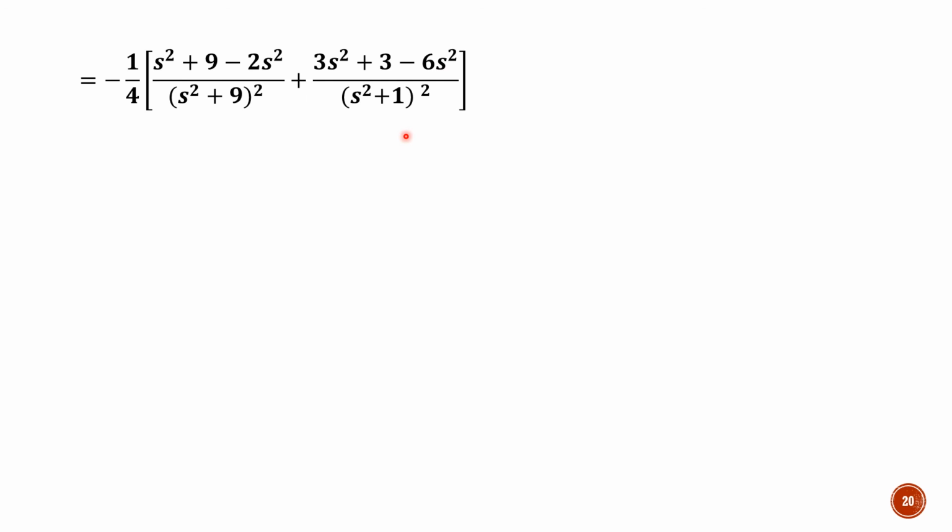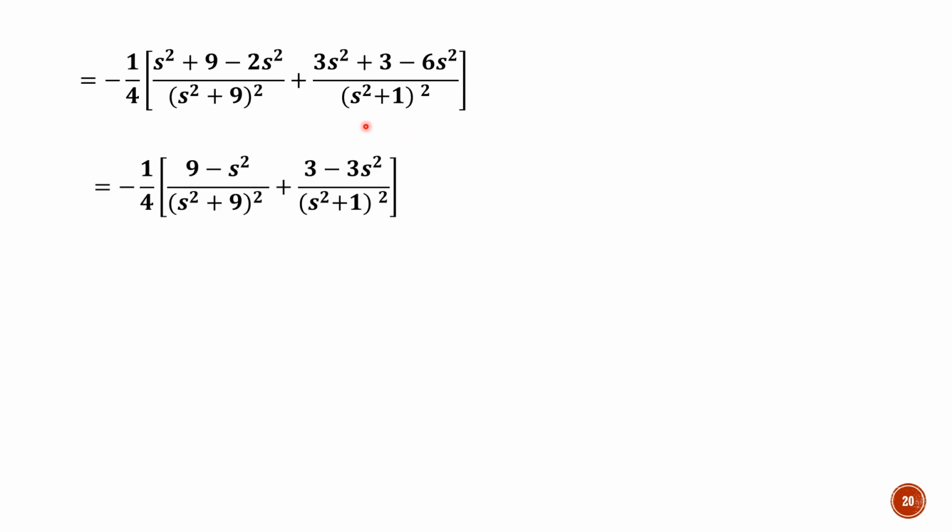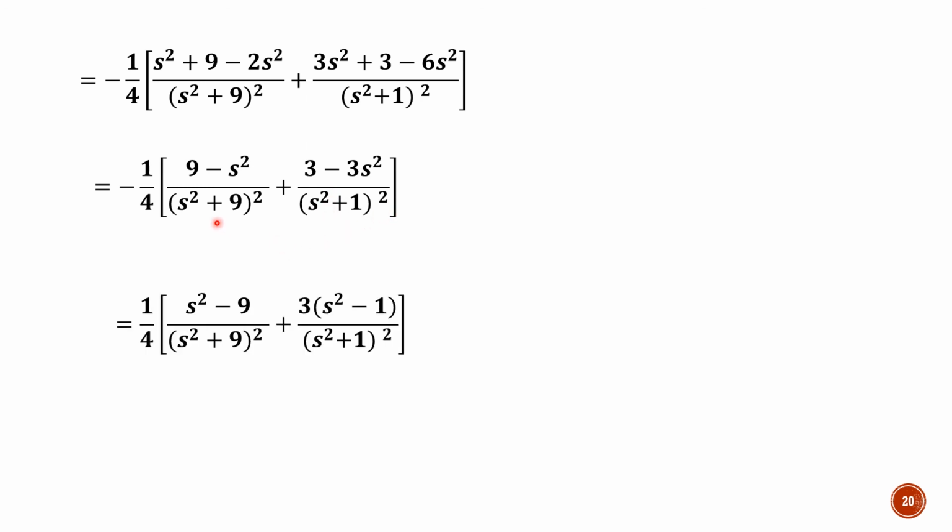Collecting the coefficients of s square in the numerator, we get 9 minus s square upon s square plus 9 the whole square, and here 3 minus 3s square upon s square plus 1 the whole square. Maybe we can take the minus sign inside again: s square minus 9, and plus 3 into s square minus 1. This is all simplification part only.